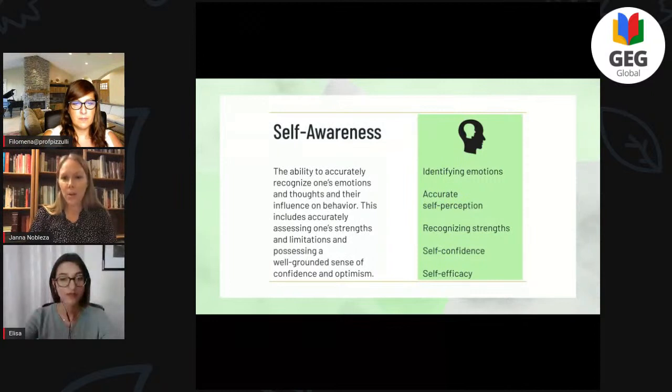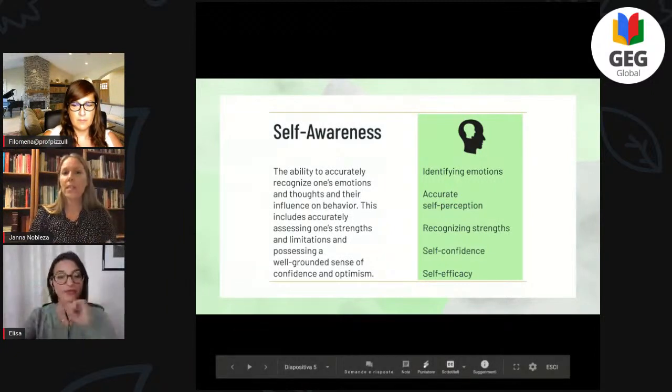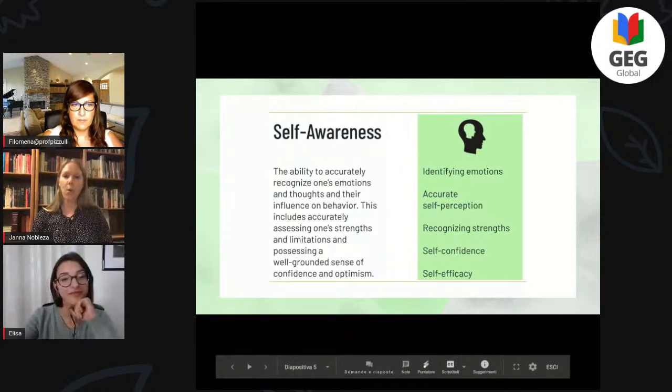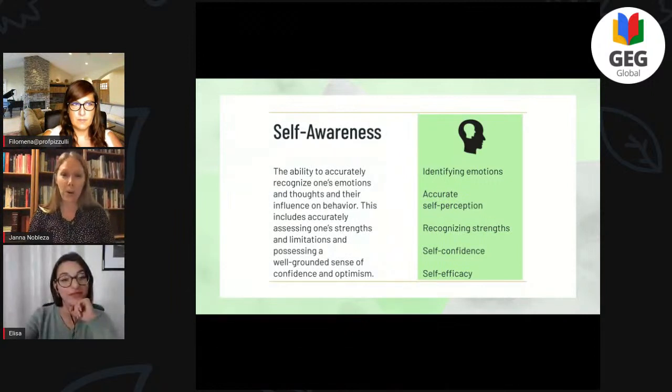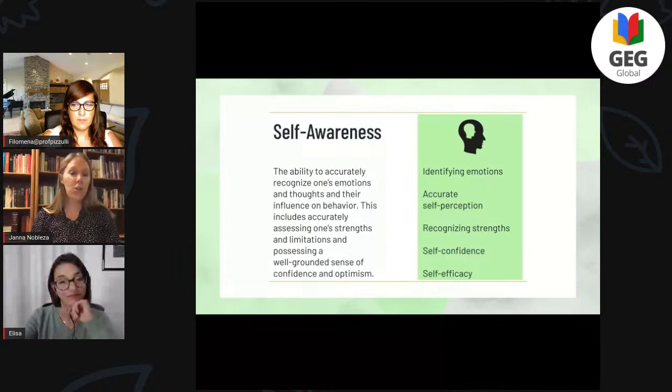So identifying emotions, accurate self-perception, recognizing strengths, self-confidence, and self-efficacy. So we would see this in students when they are feeling confident about assignments, or perhaps they're struggling in an area and they're able to ask for help from a teacher. That shows good self-awareness because they're recognizing their strengths and limitations.